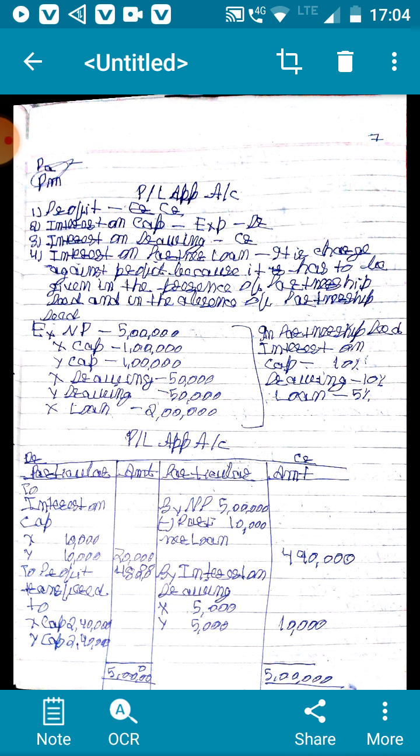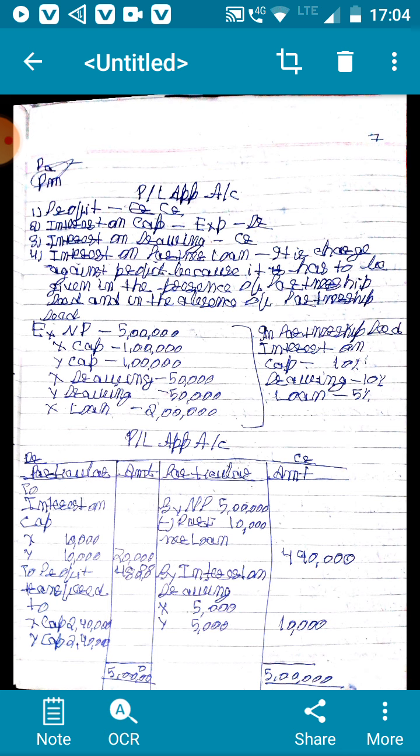If there is no partnership deed in the question, then we do not provide interest on capital and interest on loan. There is a partnership deed in the question, so let's provide.